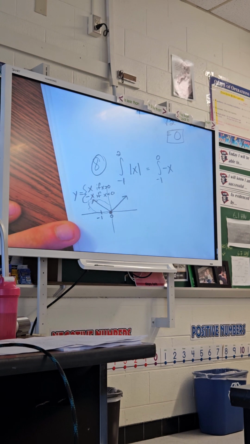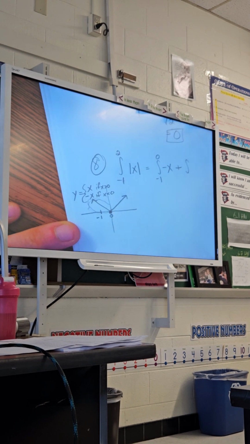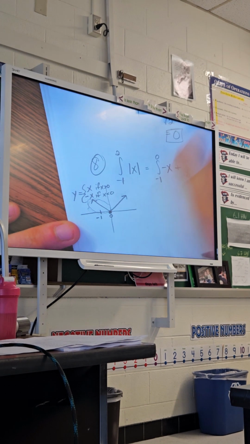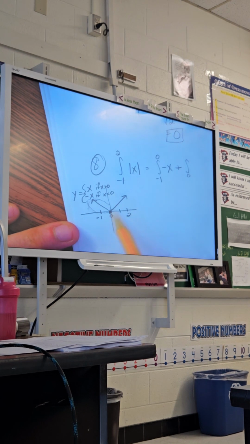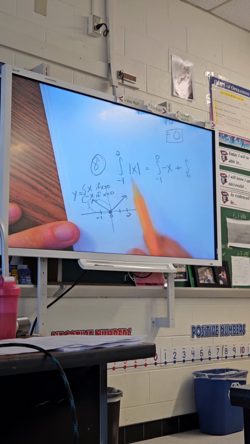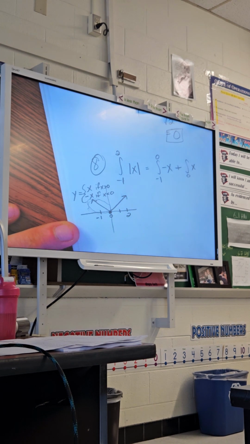We're just talking about area under the curve, y'all. So I'm going to add on to this the other part of the area under the curve, which is from 0 to 2. But from 0 to 2, I'm going to be using the positive side of this function, positive x. This is how this will work, even if it becomes more complicated.